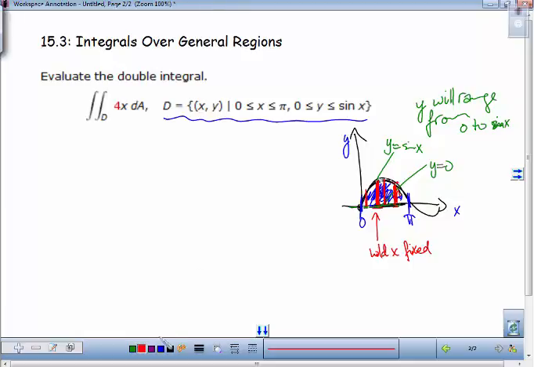So for me, I like to write this down. I like to keep track of my limits for the y value, and my limits for the y value go from 0 to sine of x. So being that those are the slices, that's going to go in the inner integral.